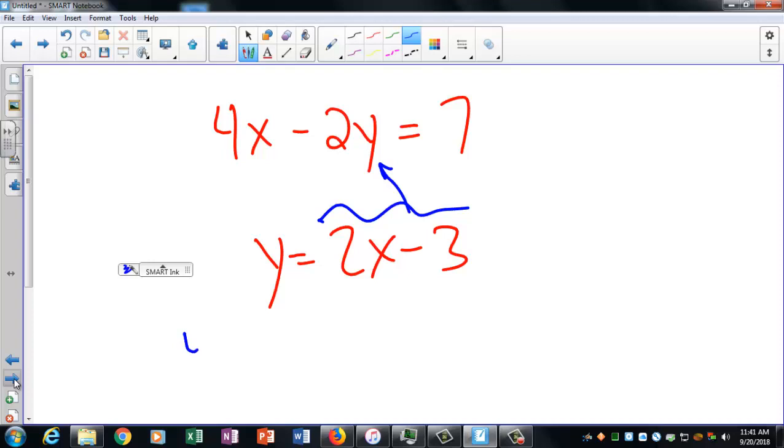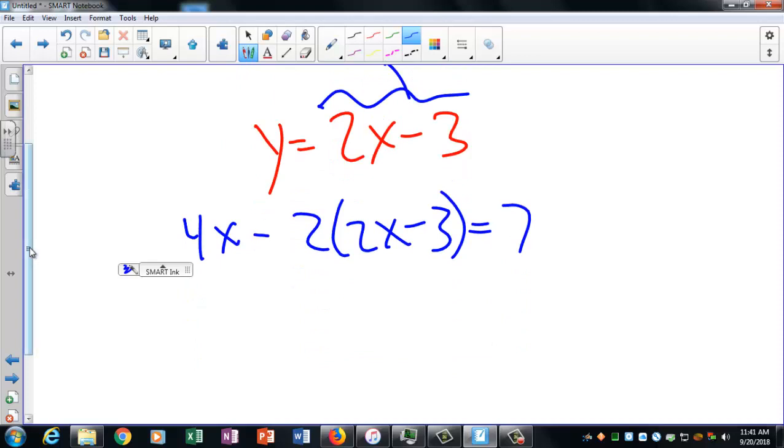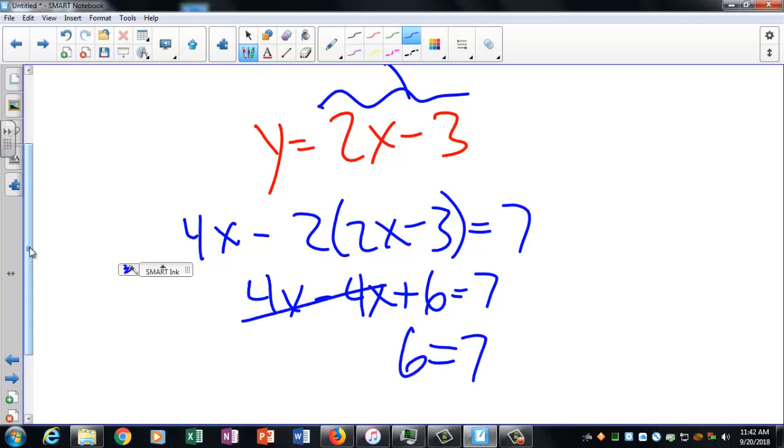And what you would get is 4x minus 2 times (2x minus 3) equals 7, which would be 4x minus 4x plus 6 is equal to 7. Now the 4x minus 4x cancel. You get 6 equals 7. And because these numbers are not the same, you say no solution.